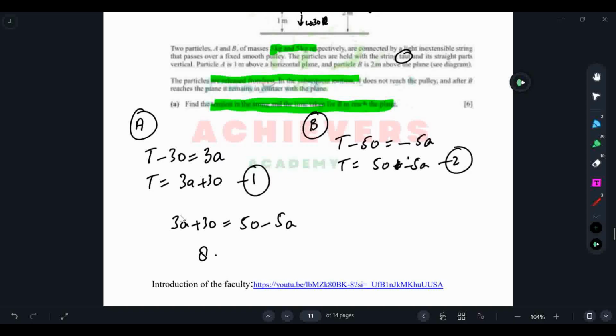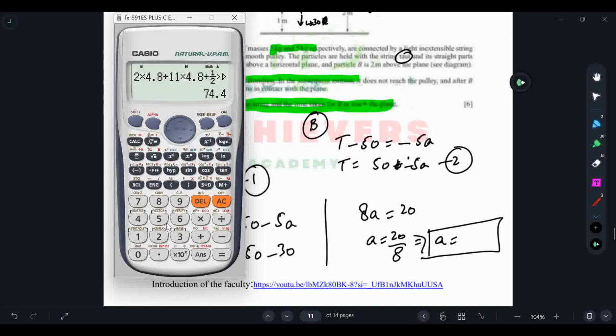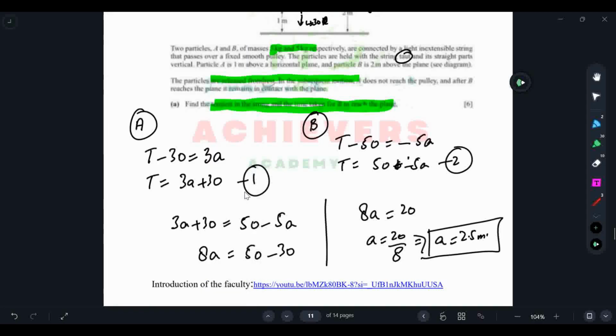So 8a is equal to 50 minus 30, so 8a is equal to 20 and a will be 20 divided by 8. So this will be equal to 2.5 meters per second squared. This will be the answer for the acceleration.